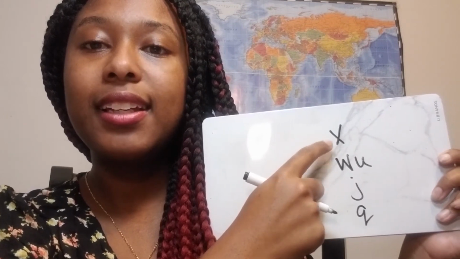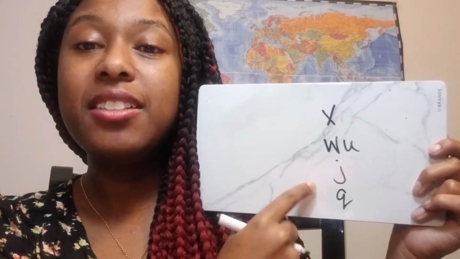X sounds like she. In Chinese, W sounds like oo. They don't say woo, they say U. And for J, sorry for my lights, for J, they say G, they don't say J. And then Q, they don't say Qu, they say Chi.